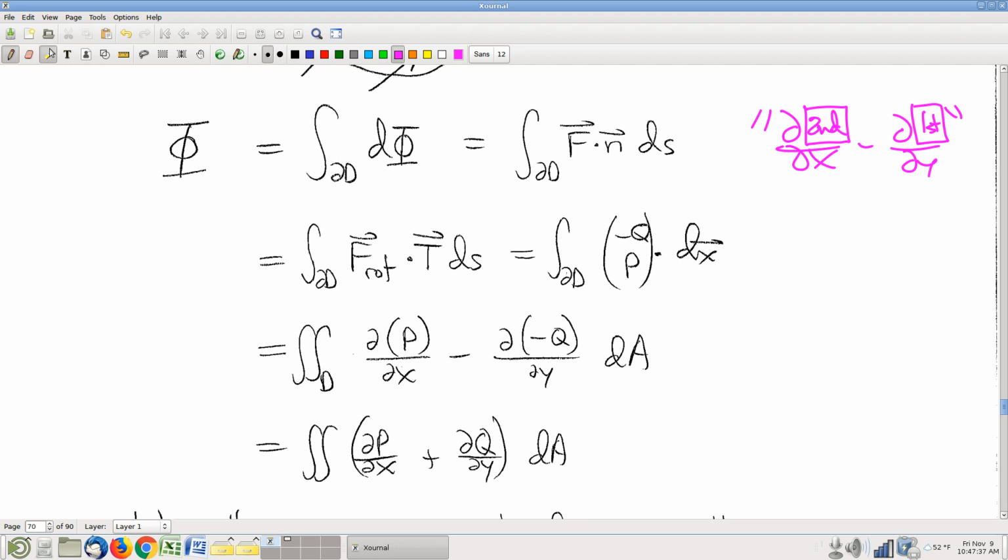So this is a very immediate application of the formula. The second component that I take the x partial of, according to this formula, that second component here is p. Right? And this first component, whose y partial I subtract, is minus q. Everybody on board?